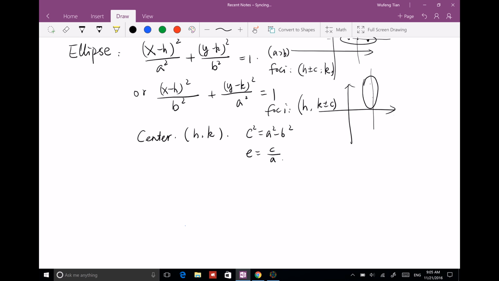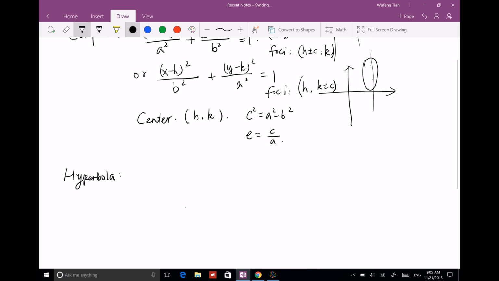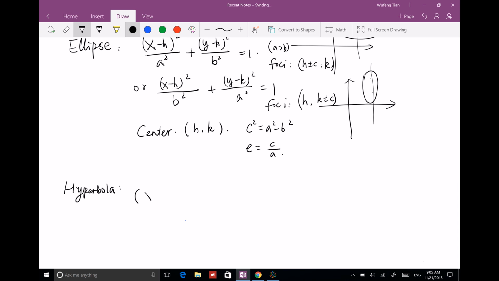And then we also introduced the hyperbola. The general form is (x minus h) squared over a squared minus (y minus k) squared over b squared equals 1. For this one, the transverse axis is horizontal.